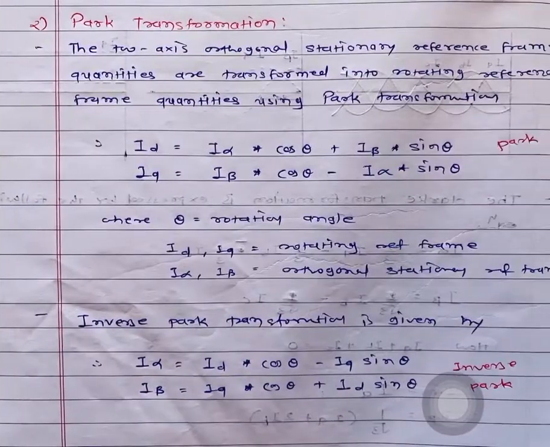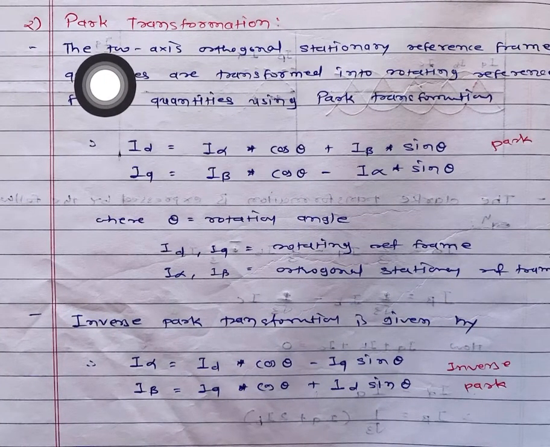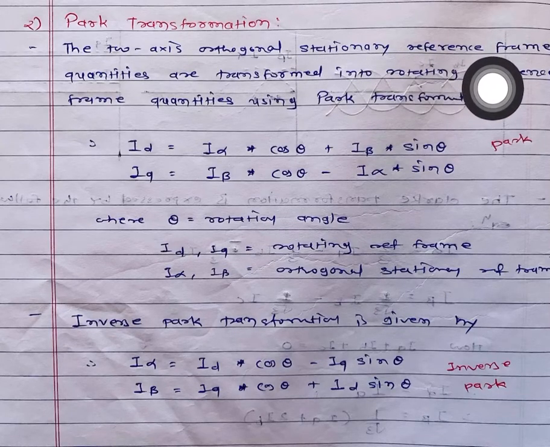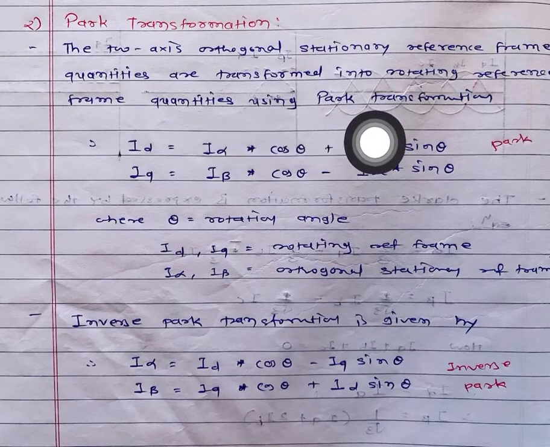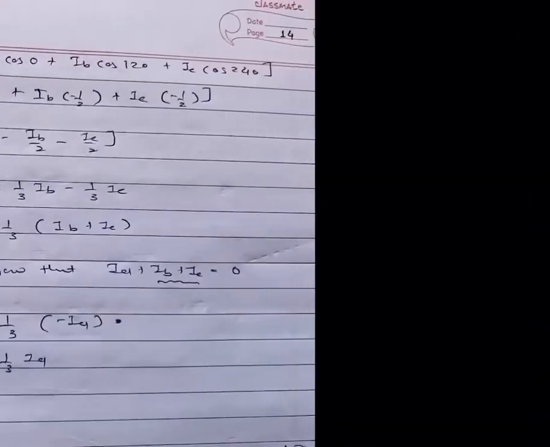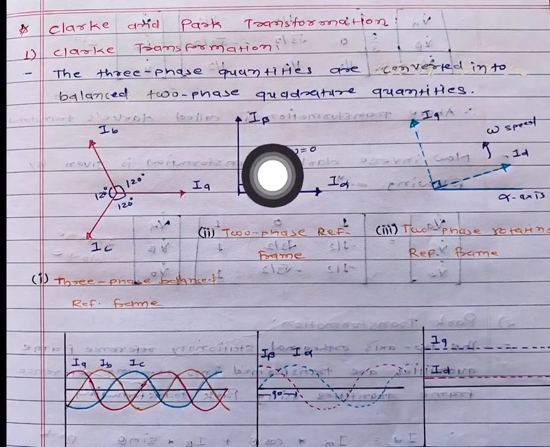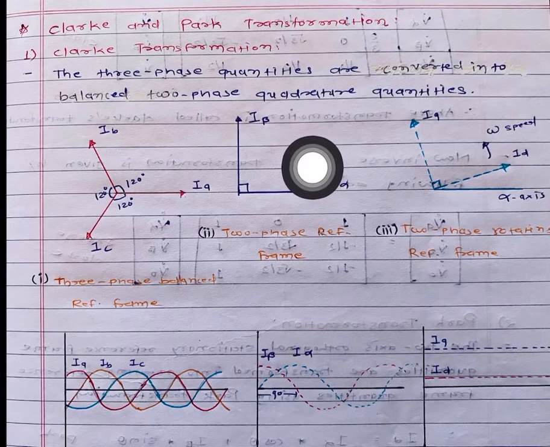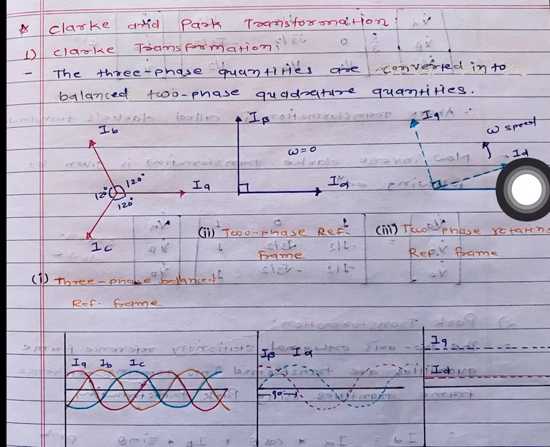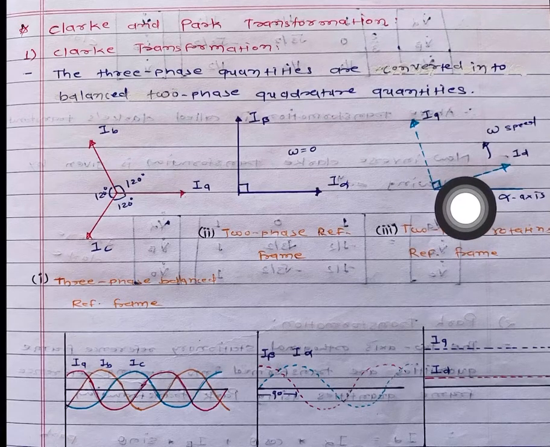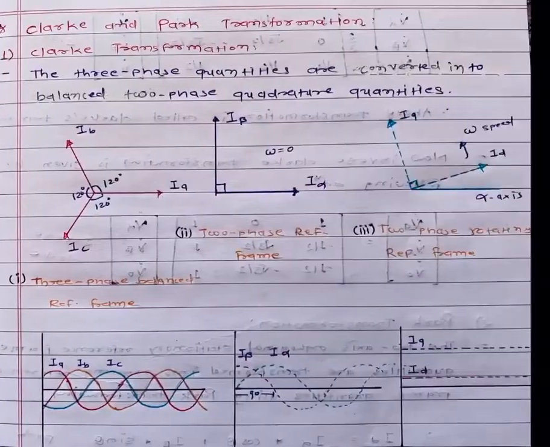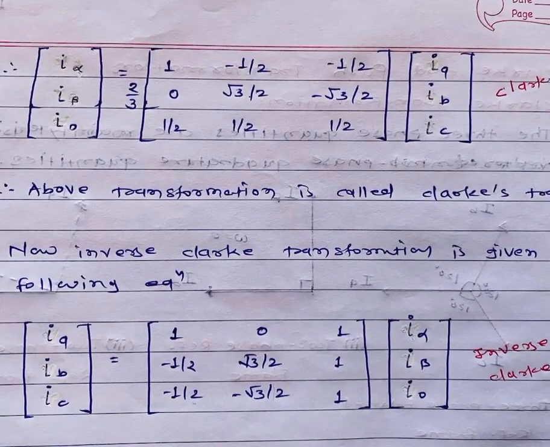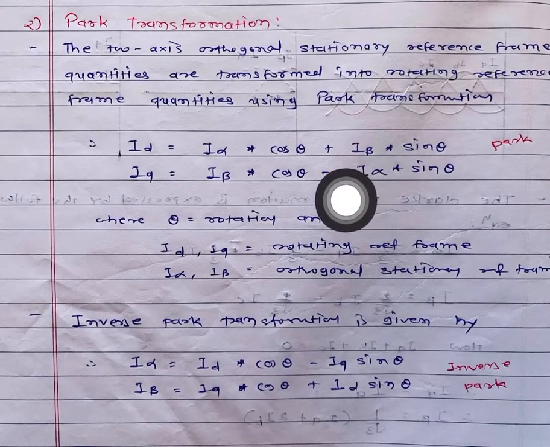Now the Park transformation. The two-axis orthogonal stationary reference frame quantities are transformed into rotating reference frame quantities using the Park transformation. So the two-phase orthogonal stationary reference frame transformed into the two-phase orthogonal rotating reference frame is called Park transformation, and its inverse is called inverse Park transformation.